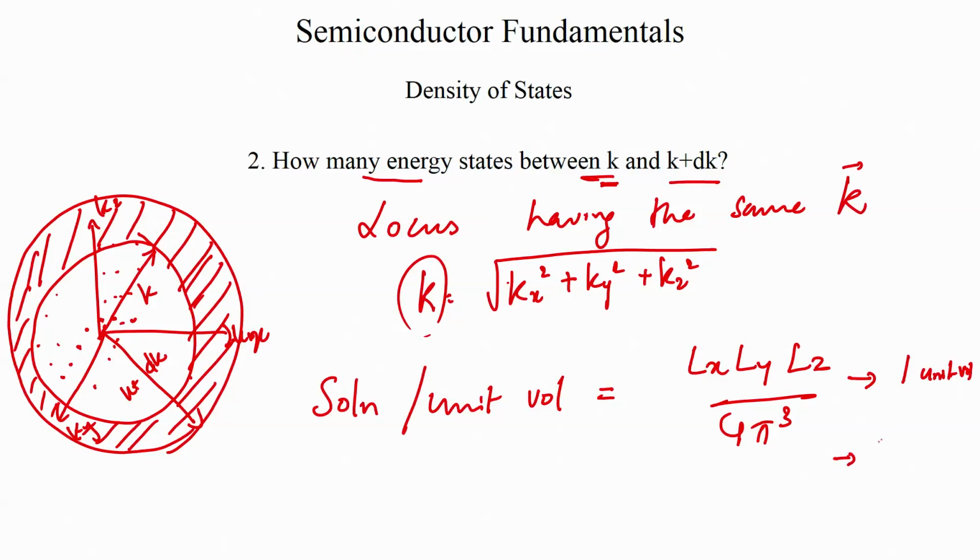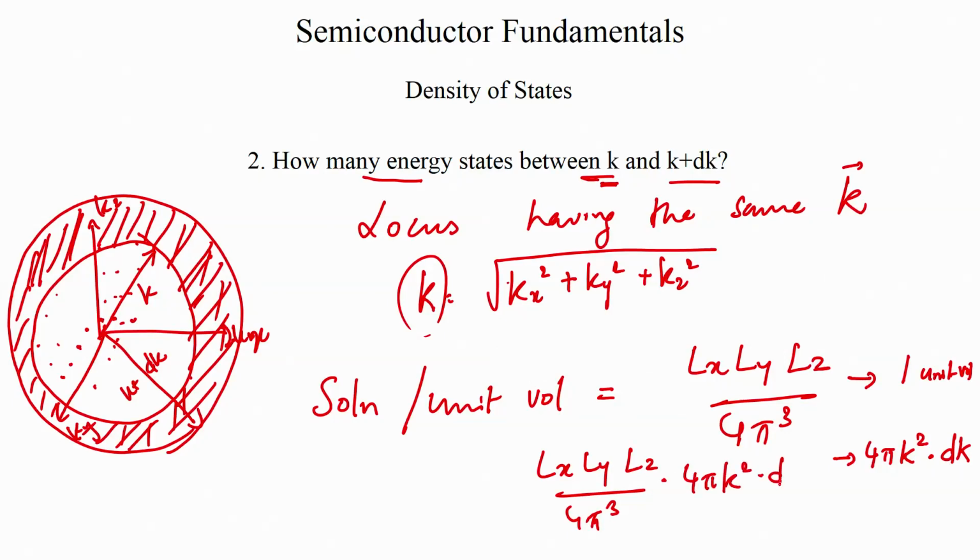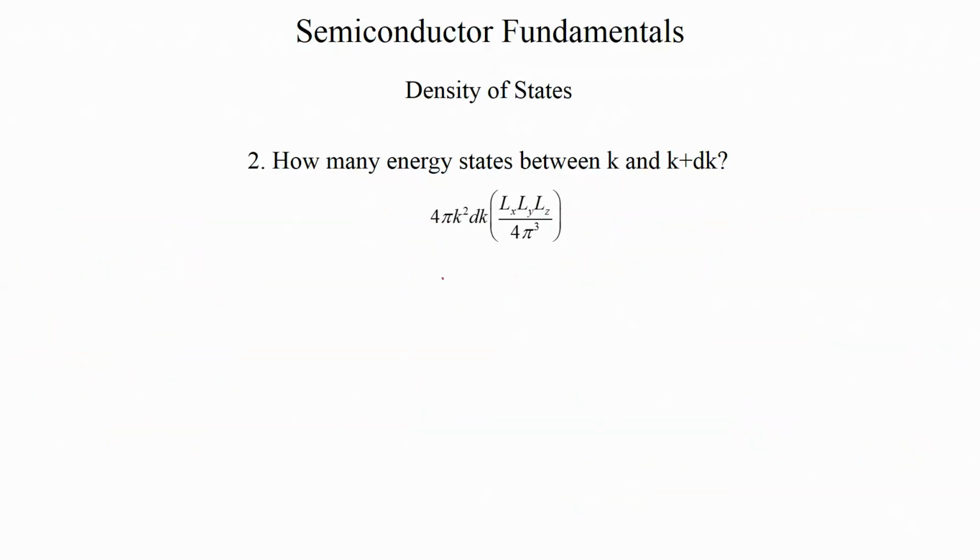The volume of that space is the surface of the sphere into dk, which is 4 pi k square dk. And how many solutions are there in this volume? The answer is simply Lx, Ly, Lz by 4 pi cube into 4 pi k square dk, which is very neatly written out here. So, there are this many energy states in the region between k and k plus dk.